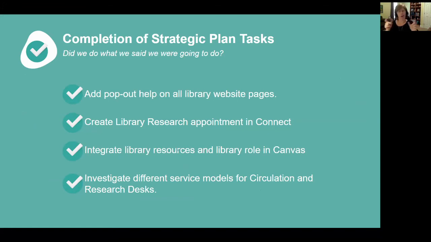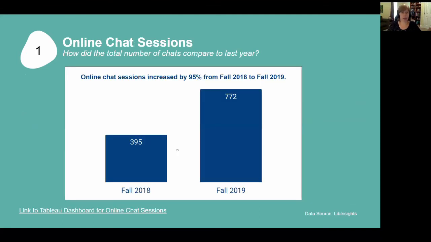For the adoption of the librarian role in Canvas, we simply worked with our Canvas integration team. They're housed out of our Center for Teaching and Learning, our faculty educational support unit. And that Canvas integration team was able to tell us how many Canvas courses had the librarian.